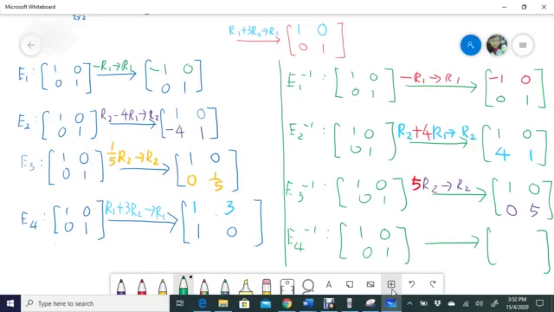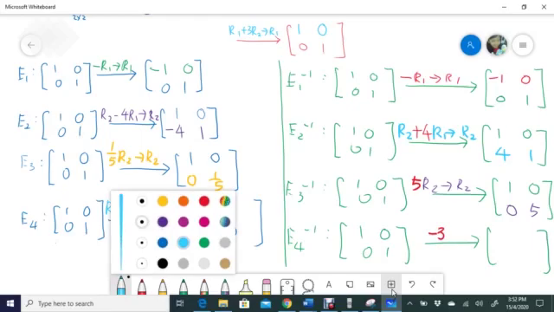Same goes with this one. Here you have plus 3, right? So here you will have negative 3, because plus 3 will be negative 3. So what will be your answer then?